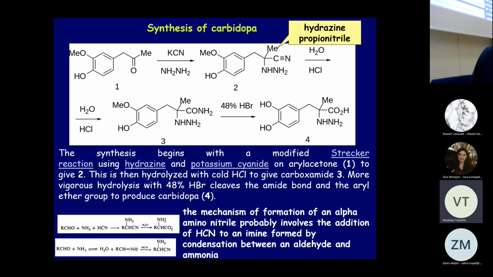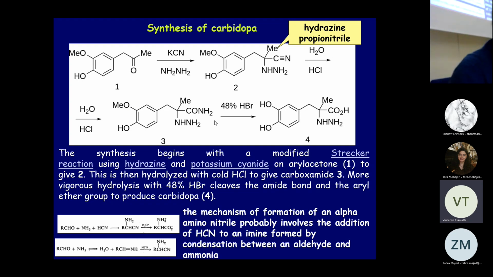So we need a very strong acid, hydrobromic acid, 48%.